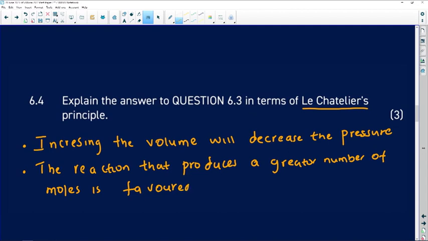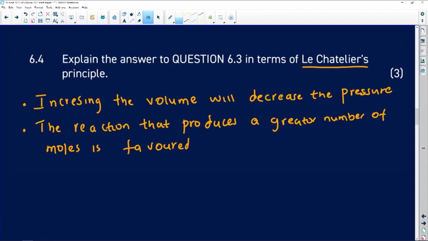As we have seen in our equation, it means that the reverse reaction is favored. That's the last question we do there. The reverse reaction is favored. You get your 3 marks now.